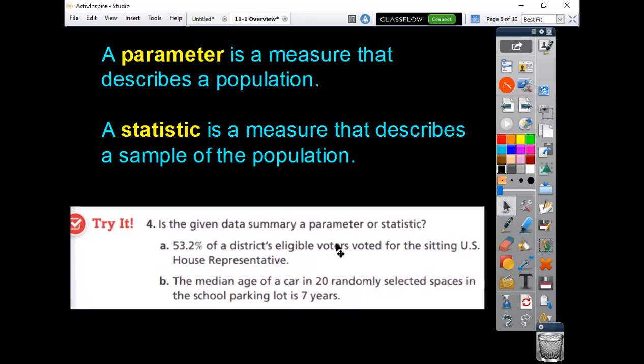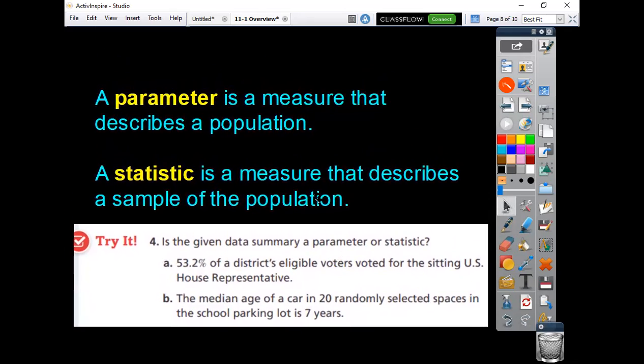All right, continuing here. A parameter is a measure of the population, and a statistic describes the sample. So the statistic is what you get after you do the analysis, and the parameter is the thing that you're trying to analyze.